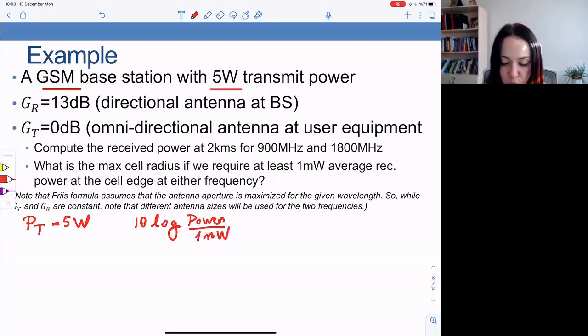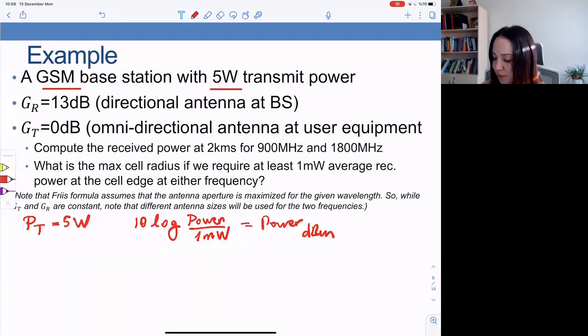What is the convenience of using dBm? You can add dBs and dBms, and the result is going to be dBm. So that is very convenient. You can convince yourself that you can add dB to dBm and the result is dBm, right? Now, what is 5 watts in dBm?